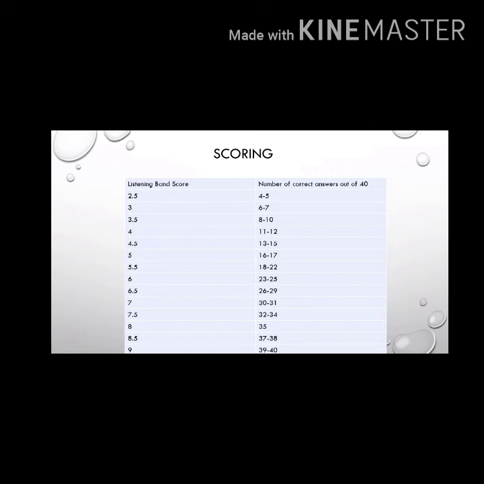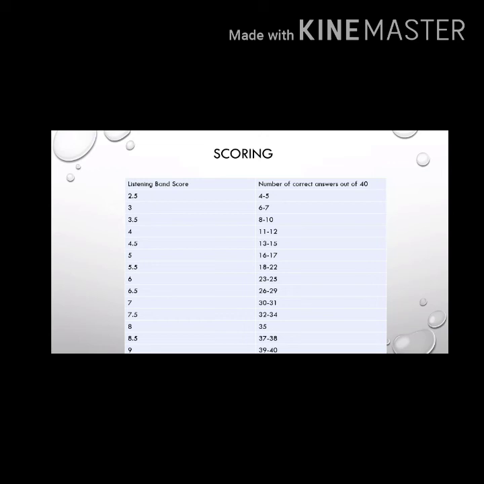Here is the most important thing, which is your band, which you are all concerned about. This table shows the scoring. On the left hand side, there are your listening band scores, and on the right hand side, there are the numbers of correct answers. By looking at this table, you can get an idea of how much band you get for every correct answer.